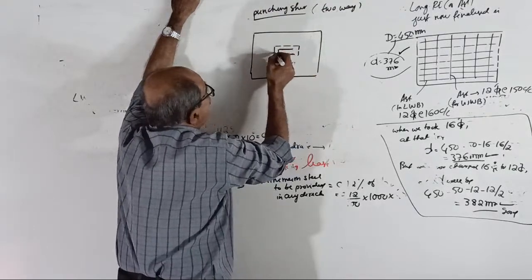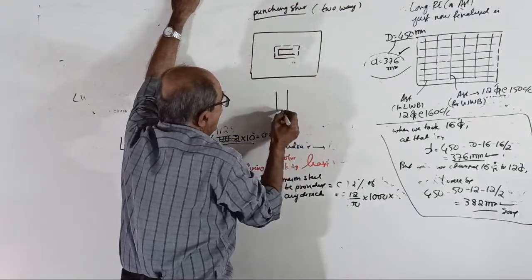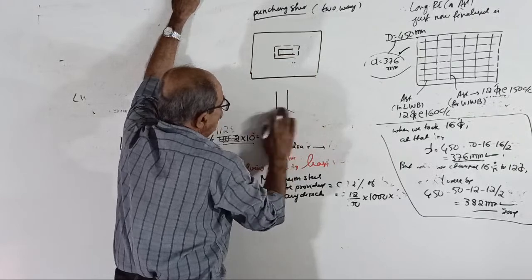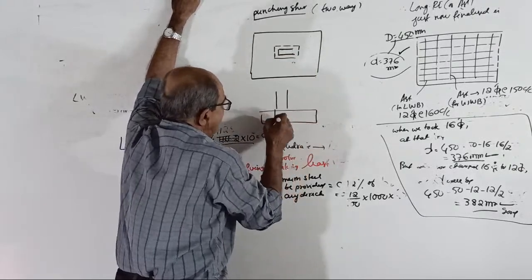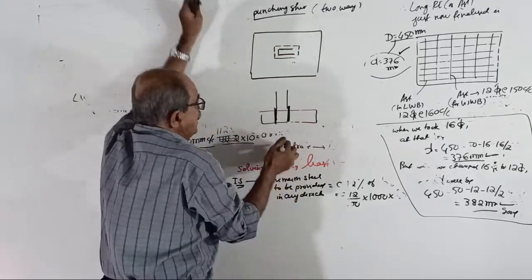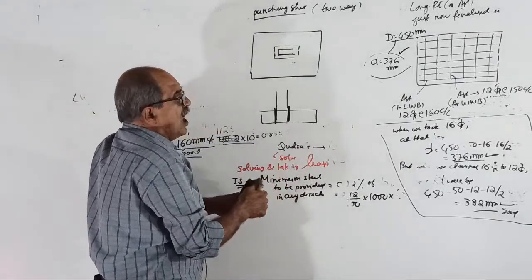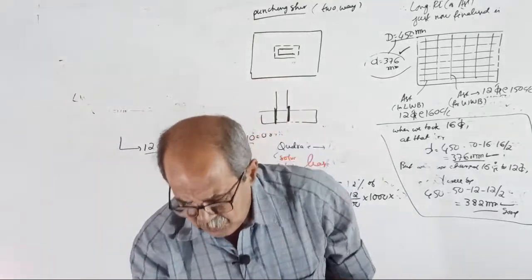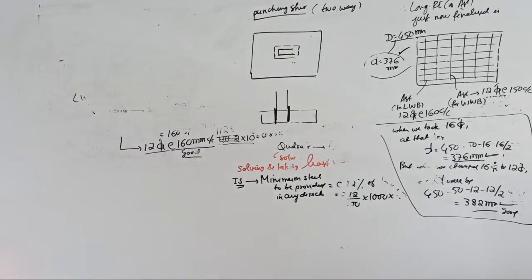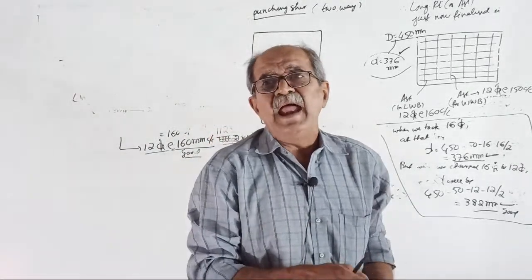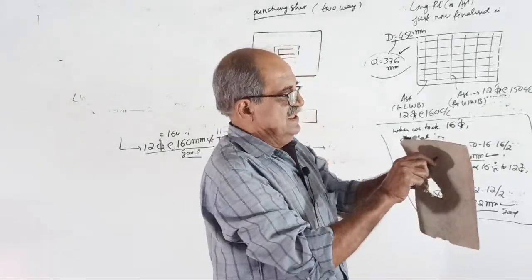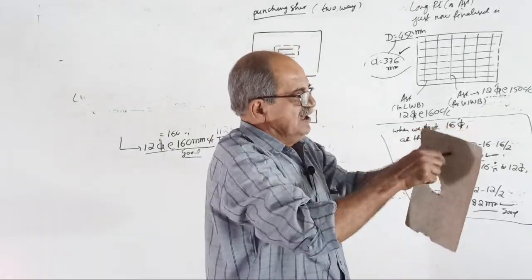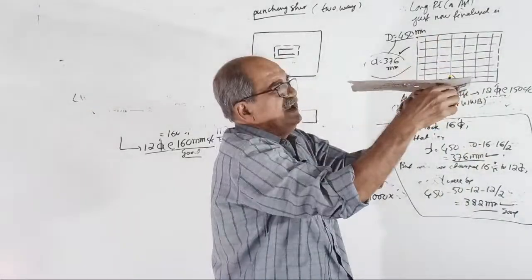See, it will punch here, or if you see, no tapering, this way. Punch all round, not one place. All round punch. You can make a note. He took a book and used a pen and pierced it. See, this way, punching shear.